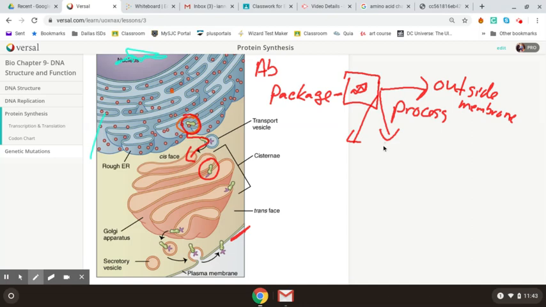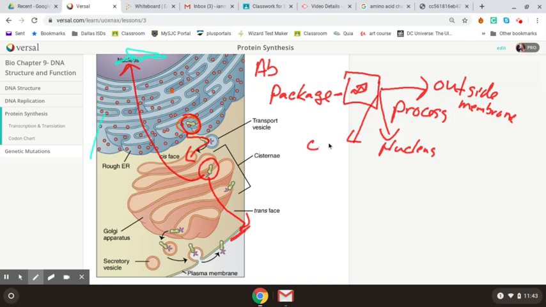It could go back to the nucleus, right? Maybe the DNA. So this protein can leave the cell. This protein can go back to the nucleus. Maybe the nucleus needs a protein like helicase, or maybe the DNA needs the protein polymerase to make copies of itself. You don't know.